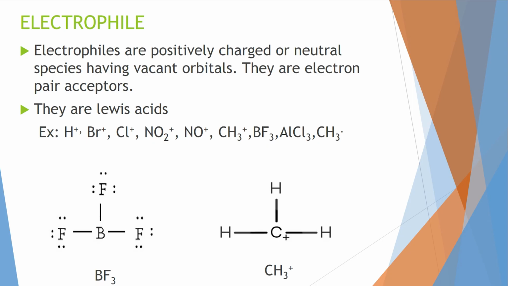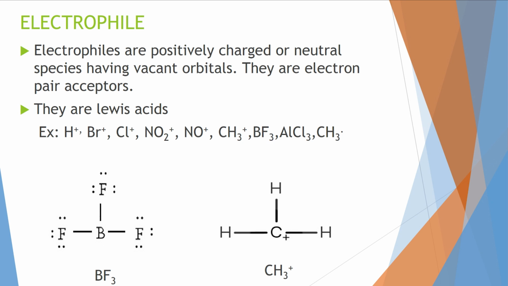So, those species which have vacant orbitals to accept electron pairs are the electrophiles. Which are the electrophiles? Just guess and tell me. The Lewis acids like BF3, H+, Br+, Cl+, which can accept electron pairs. Just see the structure of BF3 in the slide. What have you seen?